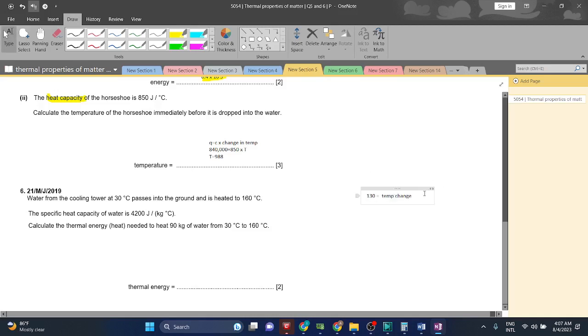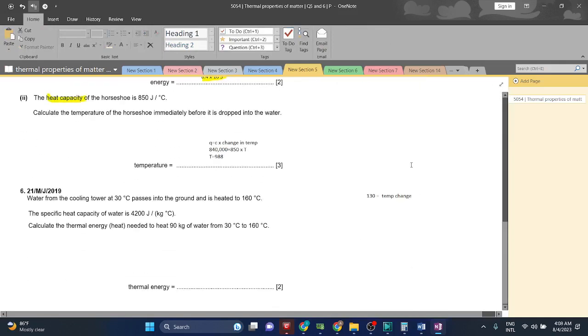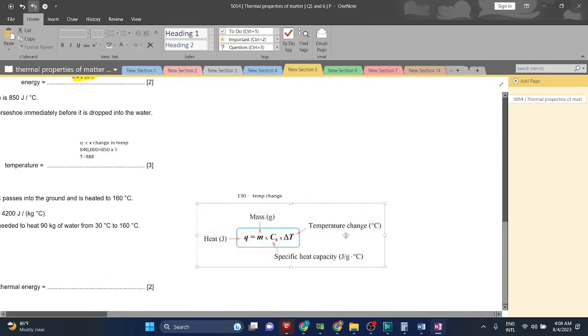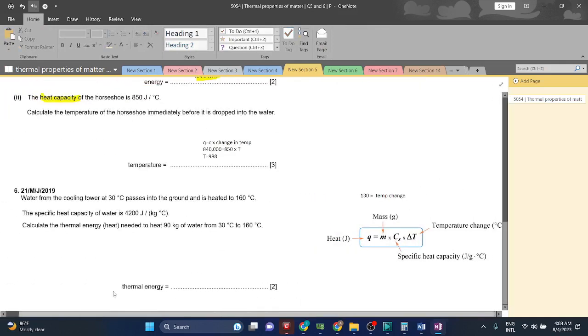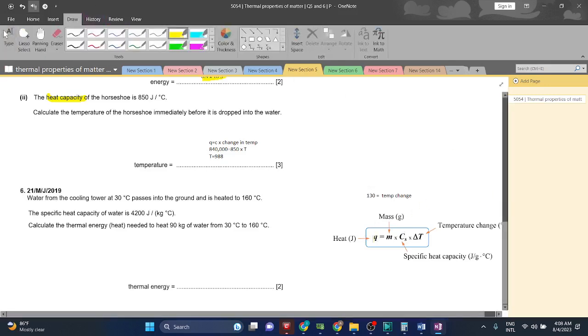So let's do the math. Specific heat capacity का फॉर्मूला क्या था? इसको कर लेते हैं हम कॉपी और यहाँ कर देते हैं इसे fixed. Specific heat capacity का फॉर्मूला है Q is equals to M, which is the mass, C specific heat capacity, delta T, which is the change in temperature.